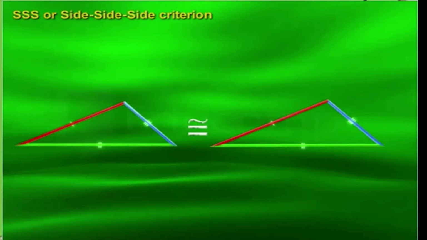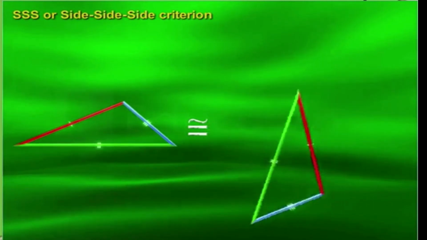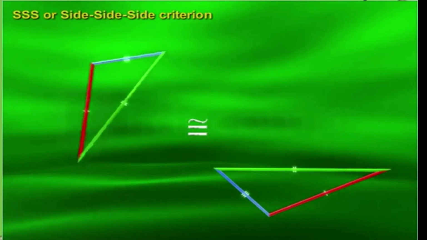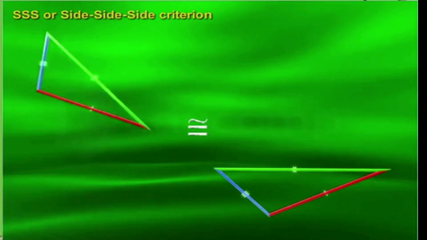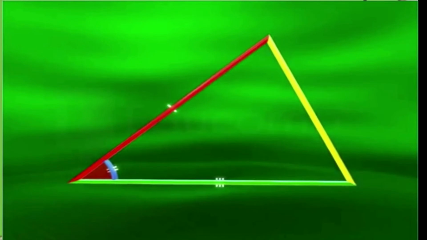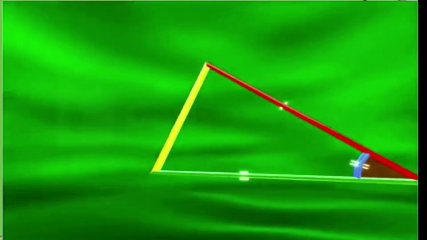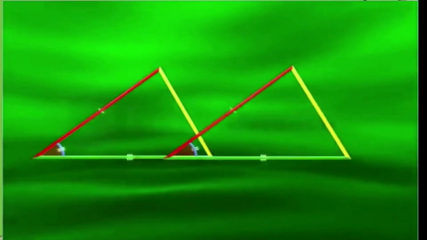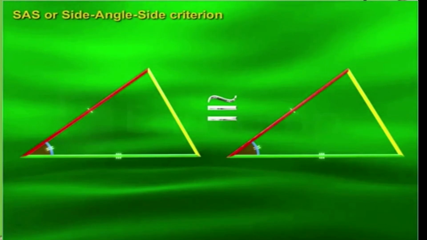Then, the 2 triangles are congruent, even if they have different positions or different rotations. As long as the 3 sides of the first triangle are equal to the 3 sides of the other triangle, then they are congruent.